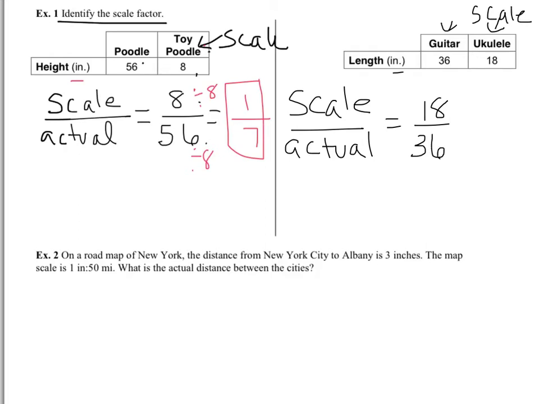Again, the units are both in inches, so I don't have to write them. I need to simplify, and I know that 18 goes into 36, so I can divide by 18. Divide by 18, and I get 1/2. So a ukulele looks like it's half the size of the guitar. That is its scale factor.